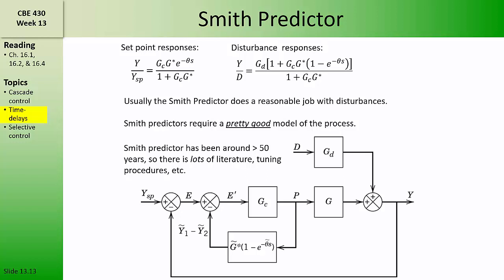Then, assuming that the process does not contain the time delay, that is, setting theta to 0, and tuning using one of the methods from Chapter 12, such as the IMC or direct synthesis method. Those settings are then applied in GC. Then the theta tilde from our model for the process is implemented in the time delay compensation. So in general, the Smith predictor can be tuned assuming that the process has no time delay and then implementing the time delay compensation.